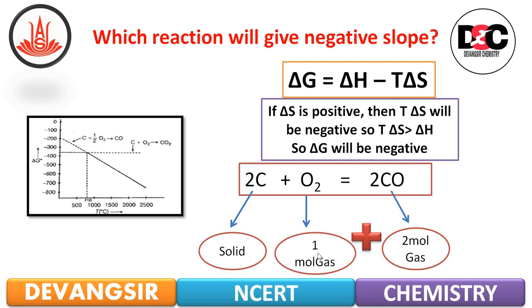So the moles of gas have increased from 1 to 2. When the moles of gas increase, the graph will have a negative slope. You can also explain it this way. So this is about which reaction will give a negative slope.